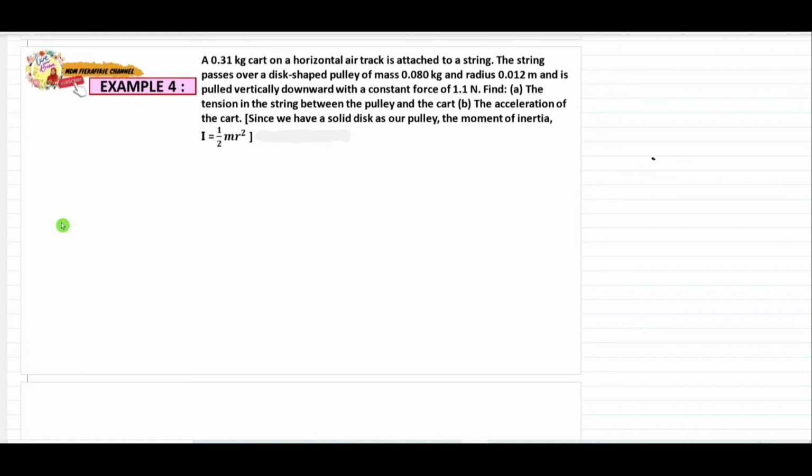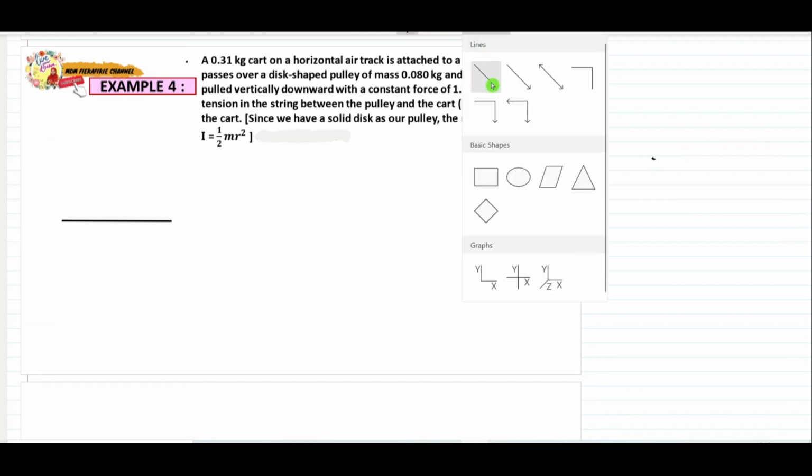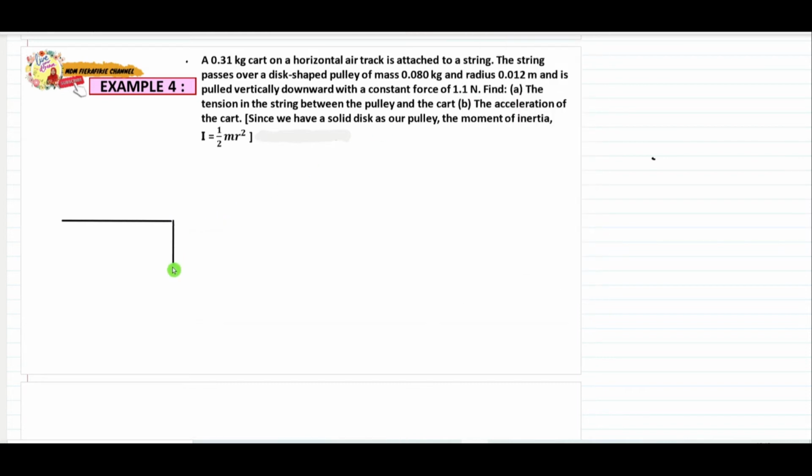Alright, now here we have a horizontal air track, and we have a pulley and also a cart. Since this is the air track, we need to consider that the surface is frictionless.